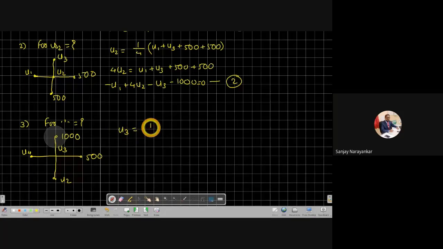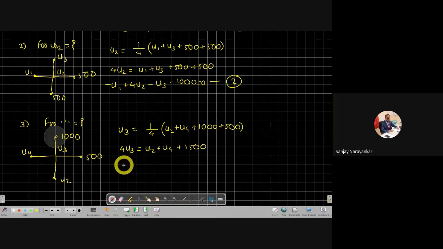So let's write for u3. u3 is equal to 1 by 4 of u2 plus u4 plus 1000 plus 500. So 4u3 is equal to u2 plus u4 plus 1500.